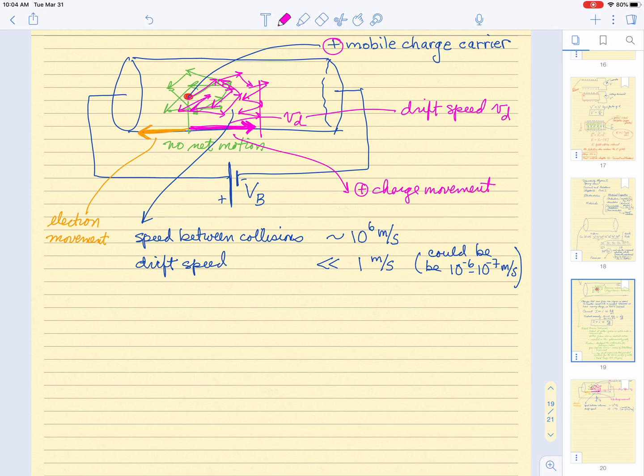So we're going to assume in all of our discussions that current is the movement of positive charge. And positive charge moving in one direction is the same as electrons moving in the opposite direction.